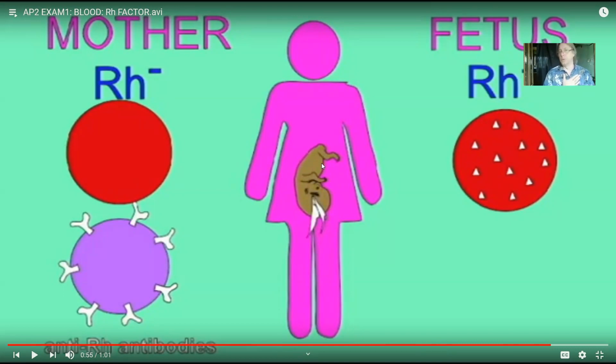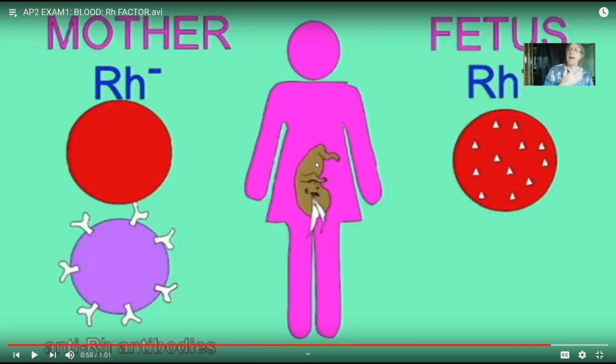So I'm old, and when I was a child, I'm Rh positive. And I was fine because I'm the first in my family. But then the problem was, would my mother's immune system potentially attack the blood cells of my younger siblings? That was an issue.